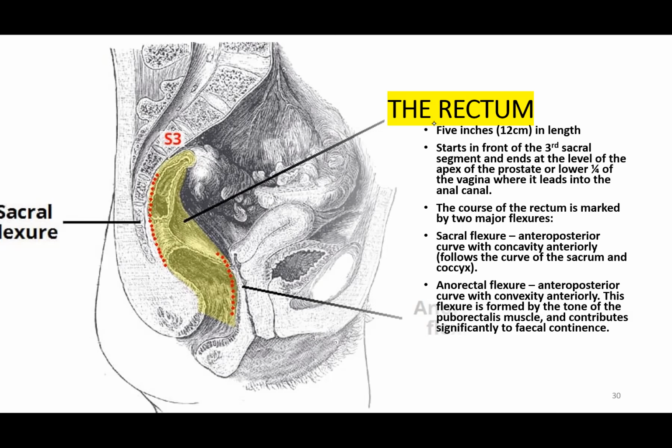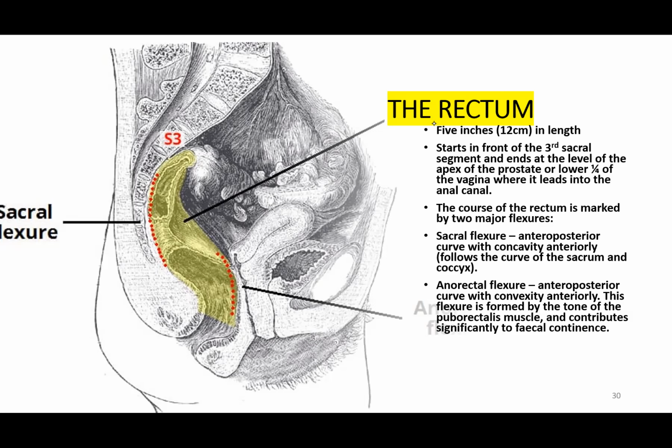Hypothetically, we divide the rectum into upper third, middle third, and lower third, so that when you describe a pathology in the rectum, it will determine the form of treatment that will be provided.